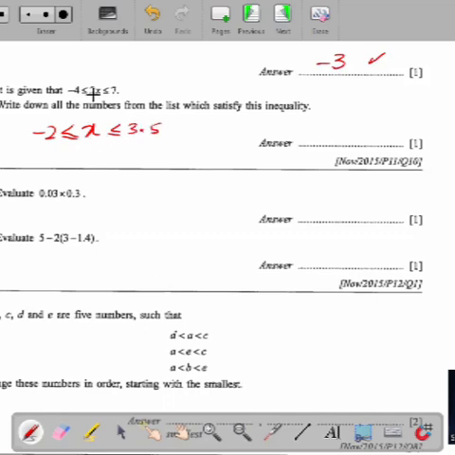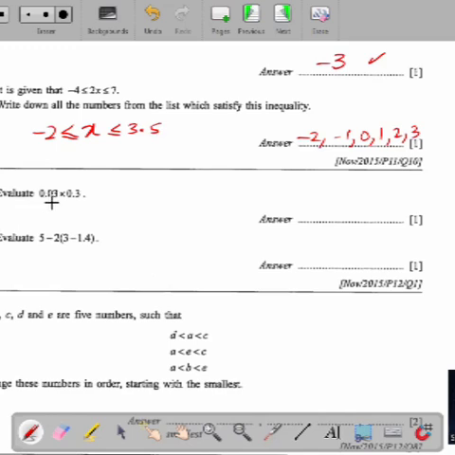What I did, I have divided by 2 on this side and on the back side also. So write down the numbers, means -2 is there from the list which satisfy the inequality. Remember that I'm writing only the integers, not fractions or decimal parts over there. -2, -1, 0, 1, 2, and 3.